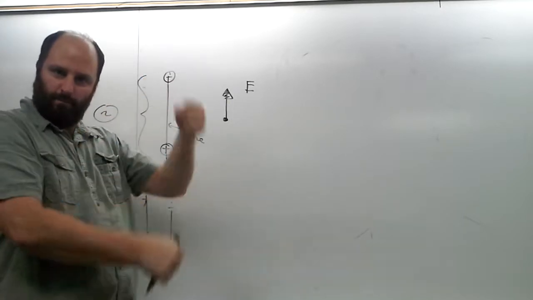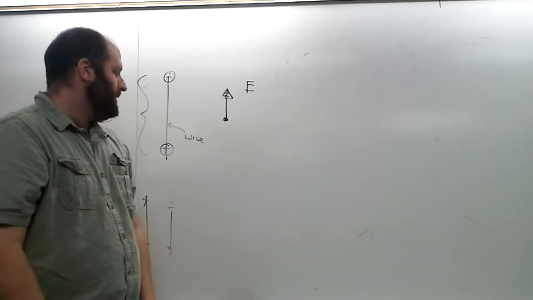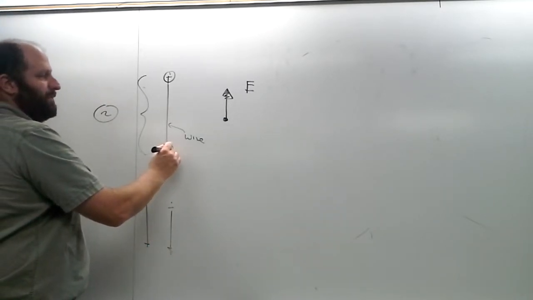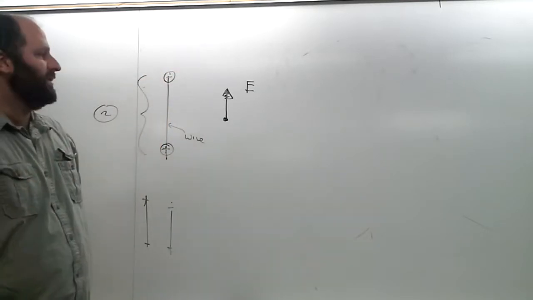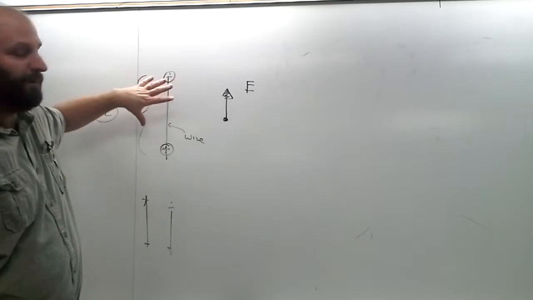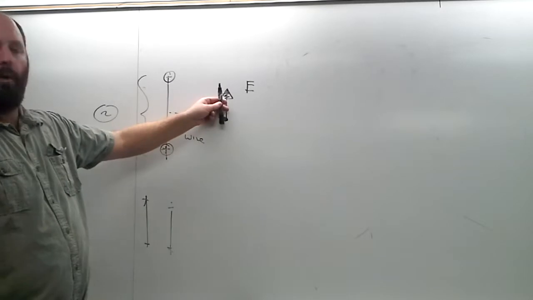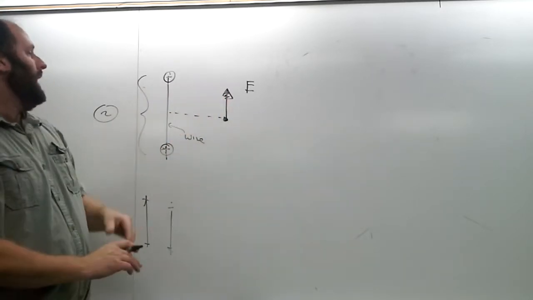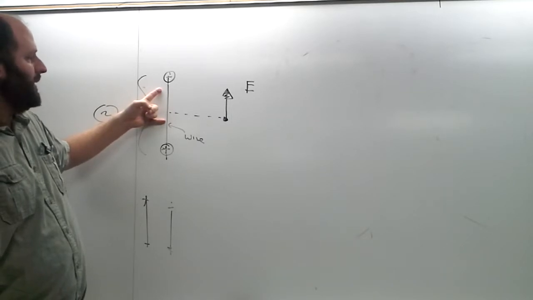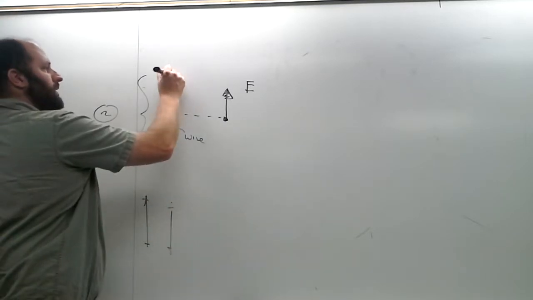Now we're going to talk about, well, if we have a changing dipole, what are the effects of that? So imagine an instant in time where the bottom of this is positively charged and the top negatively charged. And keep in mind that what we're going to have in this region here is a dipole field. If I go right off axis here, some point out here, the electric field would point up. Now, the voltage varies, so eventually this is going to be negatively charged, and this is going to be positively charged.